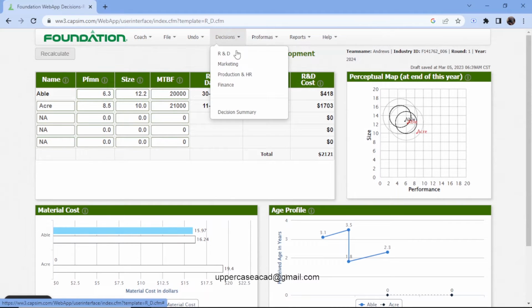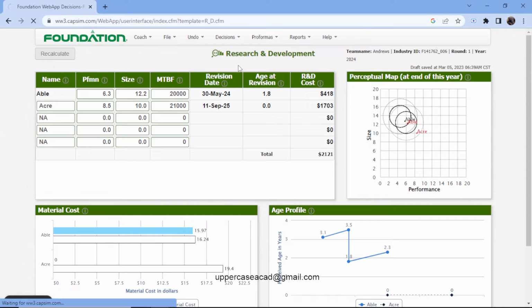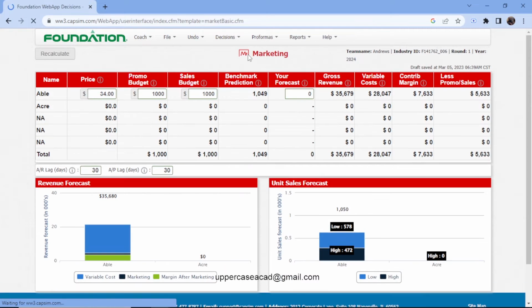So the next decisions, I'll go to the marketing decision, and this department deals with the pricing of the product, the promo budget, the sales budget, and your forecasting.